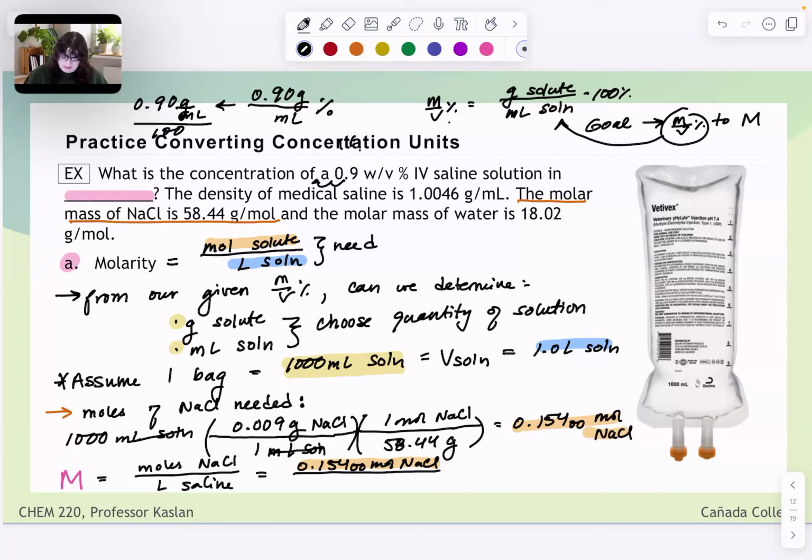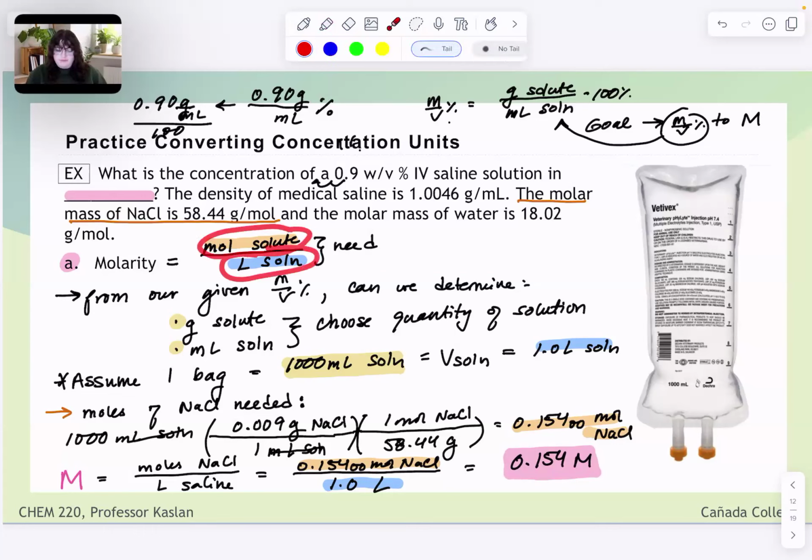So I can say over 1.0 liter. We don't really have to do any math here because we're taking a number and dividing it by 1. This gives us a molarity of 0.154 molar NaCl. So this is the molarity of our solution, which is an intensive property that we obtained by solving for the extensive properties, moles and volume, and then obtaining the proportion of those two.